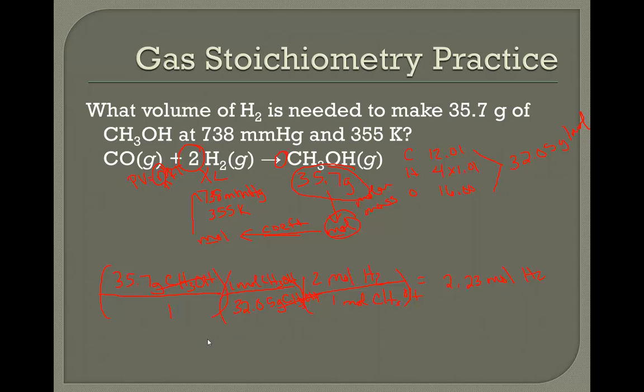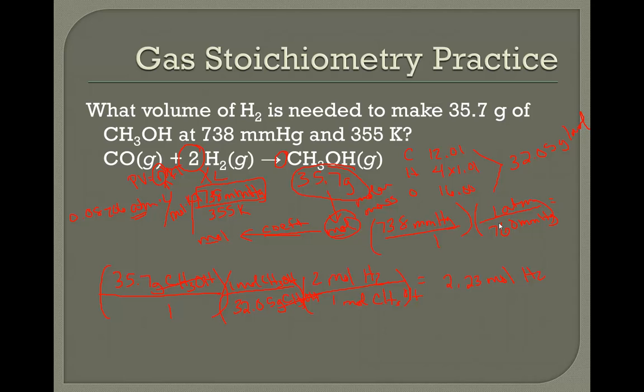Now we can use PV equals nRT. Our pressure is 738 millimeters of mercury. Unfortunately, because our R is 0.08206 atmosphere·liters per mole·kelvin, I need to convert this over. So 738 millimeters of mercury over 1, times 1 atmosphere over 760 millimeters of mercury.